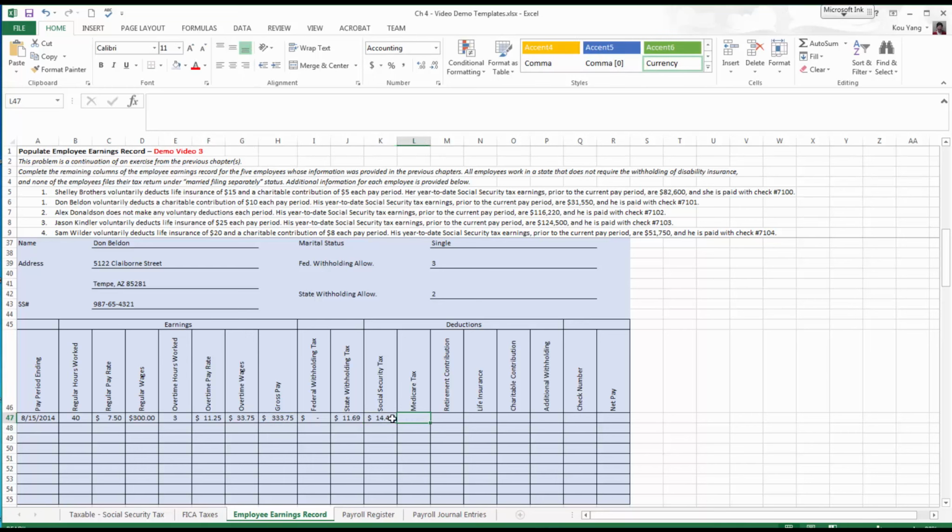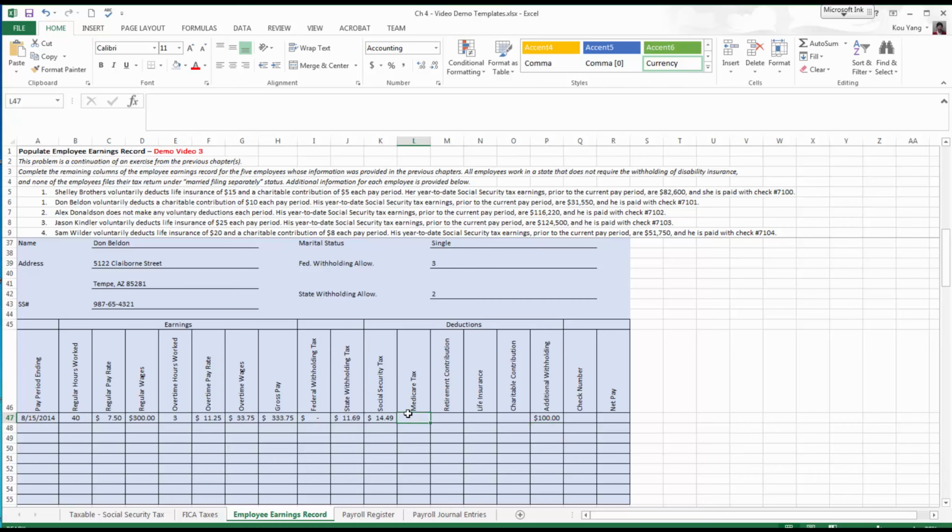Okay, there we go. Basically, I took the gross pay and subtracted his additional withholdings of $100, which was stated prior.